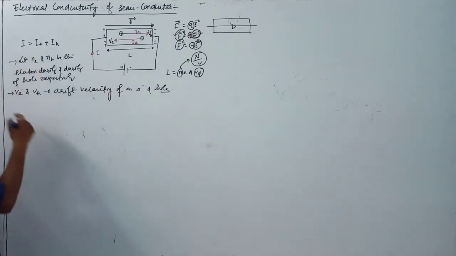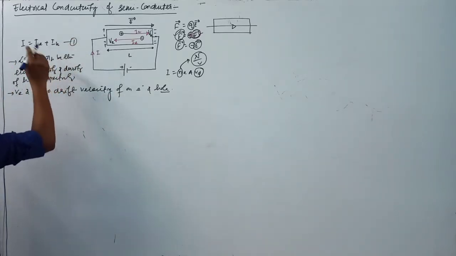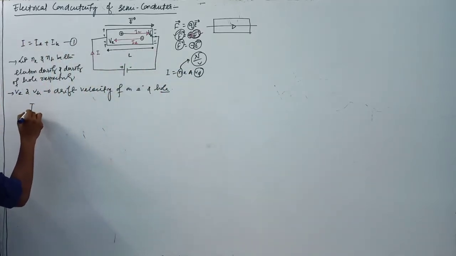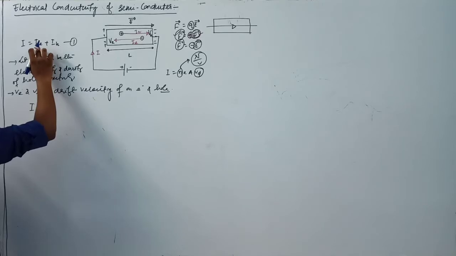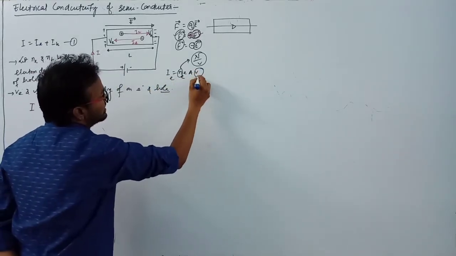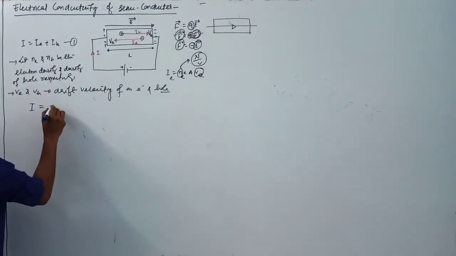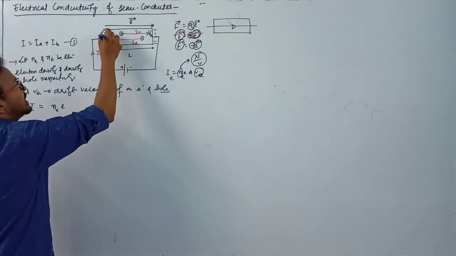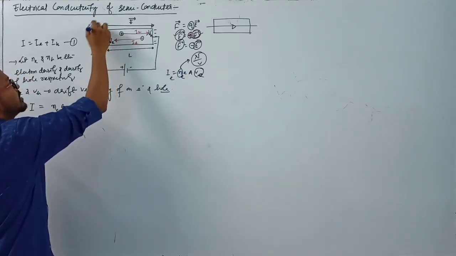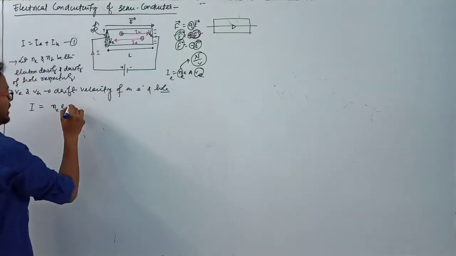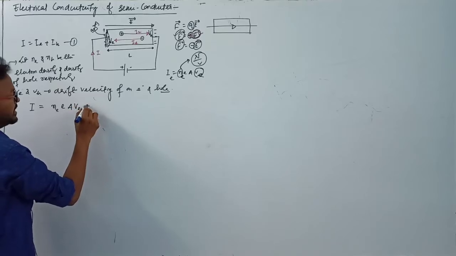Now look at this case number 1. If we substitute all the values here, then we get I equal to IE plus IH. IE means Ne, the density of electrons, into A, the area of cross section, and charge of electron e, and drift velocity Ve.